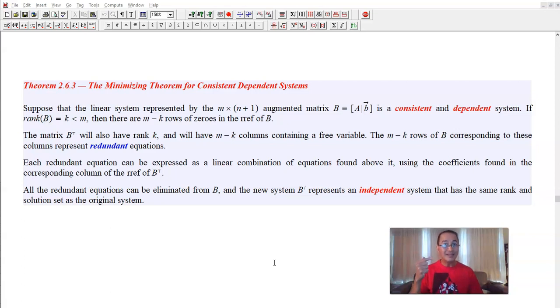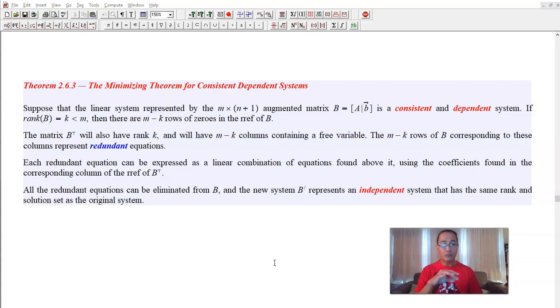These rows come from equations, and these are our redundant equations. Each of these redundant equations can be expressed as a linear combination of equations above it. Why? Because we know that if you have a column and it is a dependent column, it depends on the columns to the left of it.